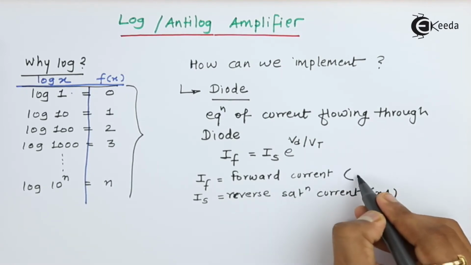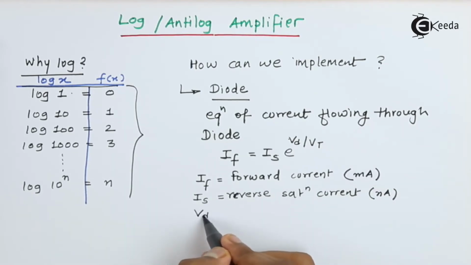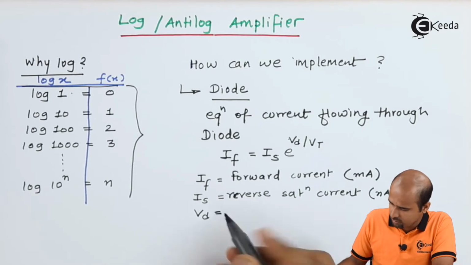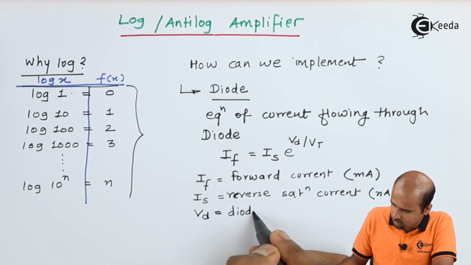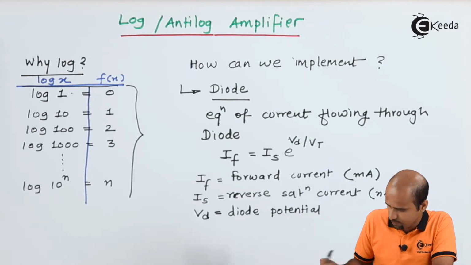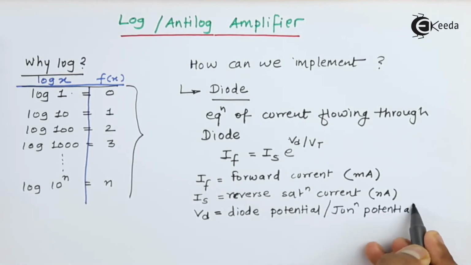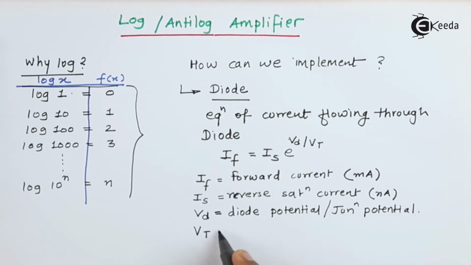IF is in the form of milliampere. Vd is the diode potential. We can also say junction potential. And Vt is your thermal voltage.